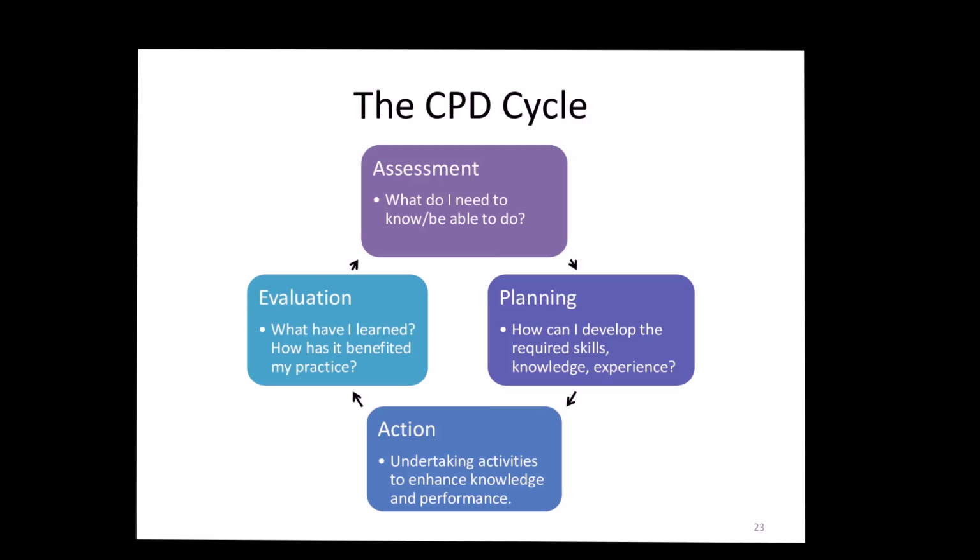Now, this cycle points to the need to then move to assessing what you need to do next and then planning your future activities. So the evaluation and assessment can only really be effectively undertaken if you have documented what you have done. And so let's now talk about documenting or recording your CPD activities.